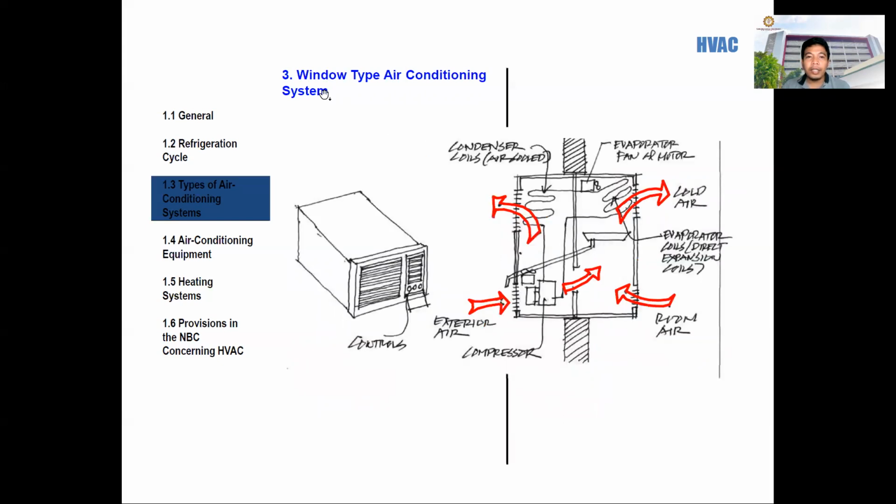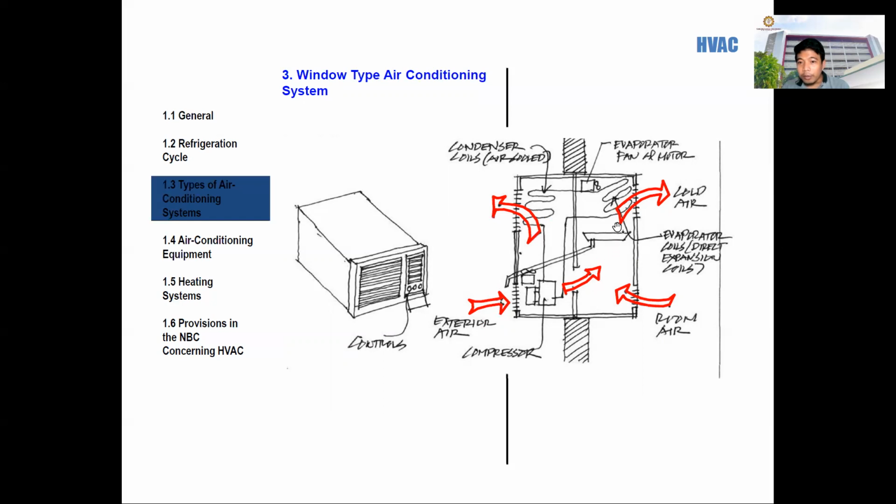Next, we have the window type air conditioning system. This is the normal air conditioning that we use in residential buildings and maybe in commercial buildings. It is composed of the condenser coil. You have the exterior air and the compressor, also the room air going to the compressor, and then the evaporator or fan and motors.